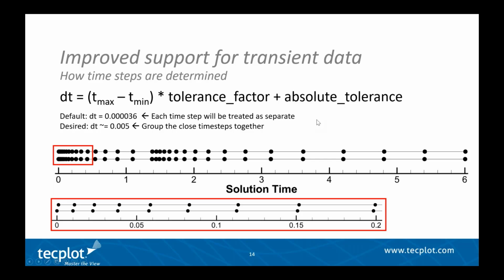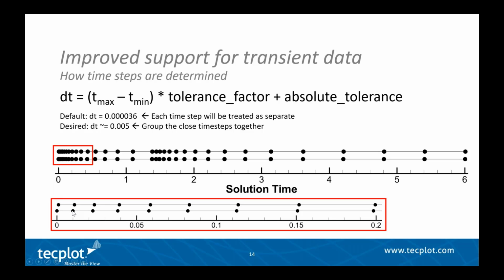Okay, we have a couple other enhancements to transient data for some interesting use cases. Here again we have a visual representation similar to what I showed you in the live running Tecplot. We have 2 sets of data going through time, and if we zoom in on this area, you can see these time steps are offset just slightly.